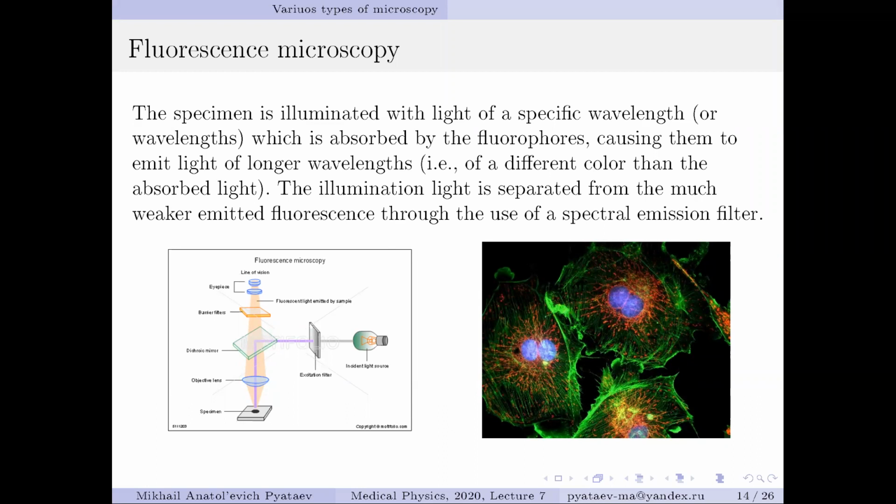And if we remove the signal at the same wavelength which was used as the source and obtain only the signal at the wavelengths of fluorescence, we can get very contrasting pictures of very small objects. So these techniques are widely used in biological and medical studies.